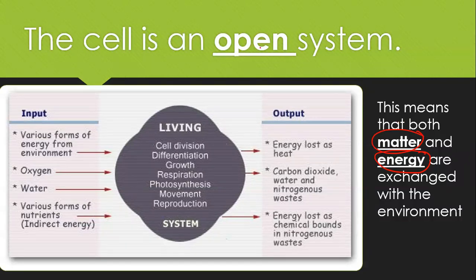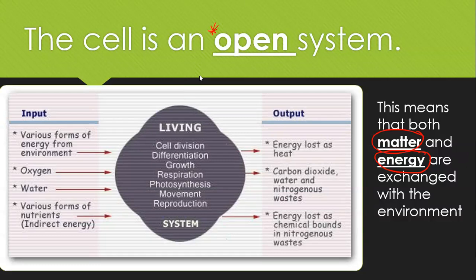A cell is considered to be an open system because the cell takes in energy, usually in the form of chemical energy, or if you're a plant, solar energy. And you take in matter. Oxygen has to come in in a lot of cases, water, nutrients, food, and then waste products have to be given off.